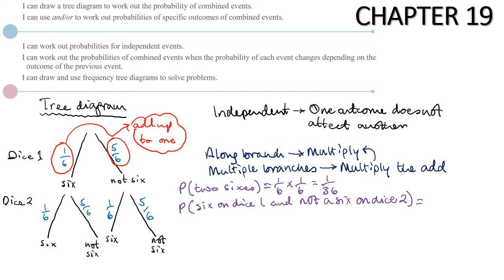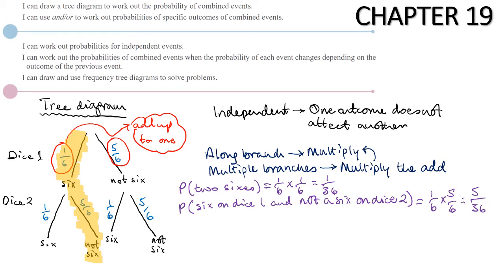Let's have a look at which part of the tree diagram I go along. A 6 on dice number 1 is going to be going along here, and then not a 6 will be going along here. That's a 6 followed by not a 6. Can you see that I passed the probabilities 1/6 times 5/6? So 1 over 6 times 5 over 6 gives me 5 over 36.